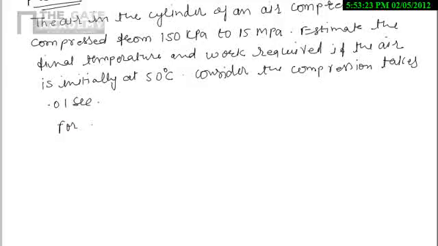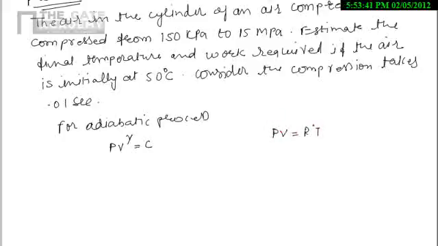So for adiabatic process, we are having the governing equation PV to the power gamma equals constant, and we know the perfect gas equation, that is PV equals RT.